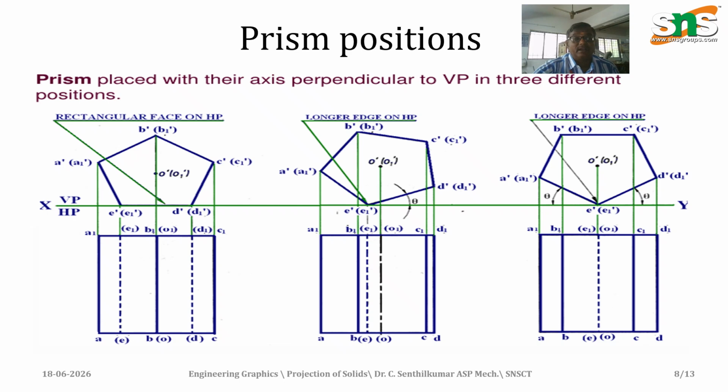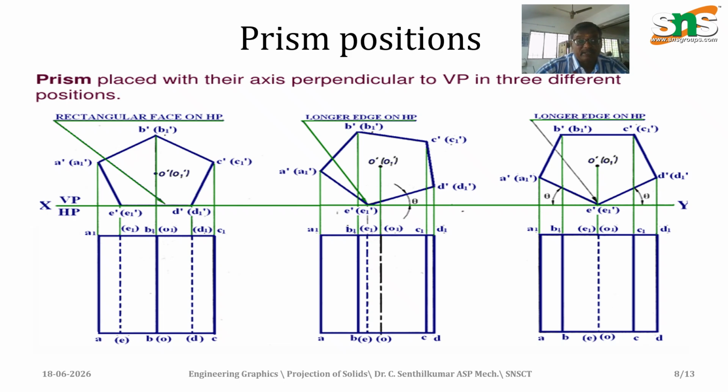Similarly, the longer edge is also indicated like this, and for the other pentagonal prism also. This theta given in the problem means one side is inclined at a certain angle, so they are projected like this. When the problem says both sides have an equal angle, or both angles are given, this diagram will be taken. So this is how the prism is drawn.